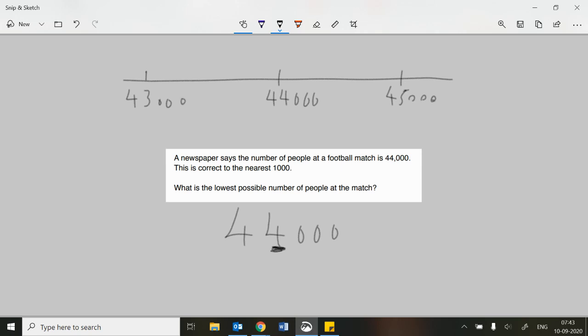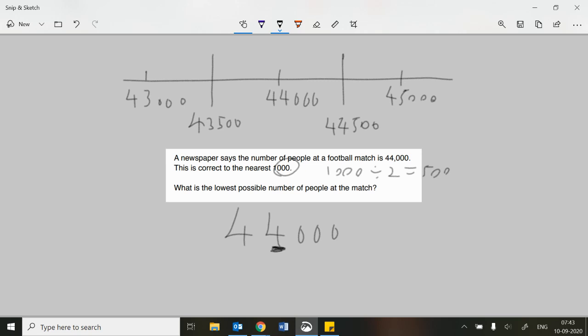Then I'm going to draw a line off halfway in between each of those thousands. Halfway in between, we've got 43,500 and 44,500 here as well. The 500 comes from 1,000 divided by 2, because we were doing it to the nearest 1,000.